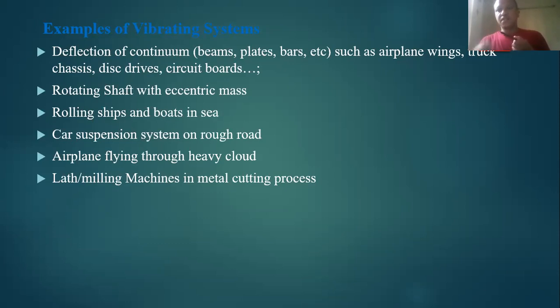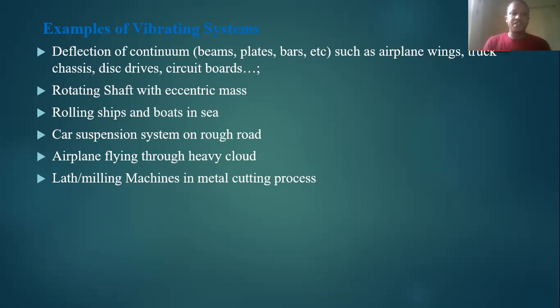Rotating shafts with some eccentric mass also vibrate. Rolling ships and boats in the sea, airplanes flying through heavy clouds due to the turbulence effect of the cloud, still vibrate. And the machine base also vibrates, especially in machine shops with heavy duty machines.